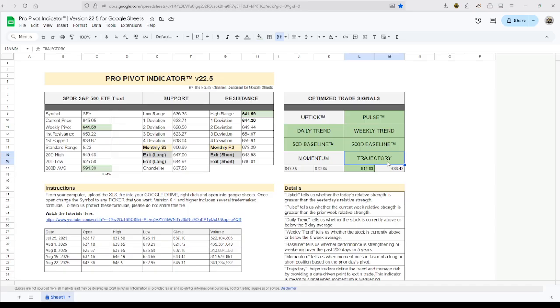Now, let's talk momentum. Momentum in the pro pivot indicator is a very excellent tool for traders. Now, this momentum can help you get into trades, whether it's short term, medium term, or long term.